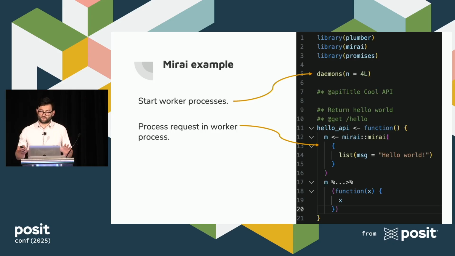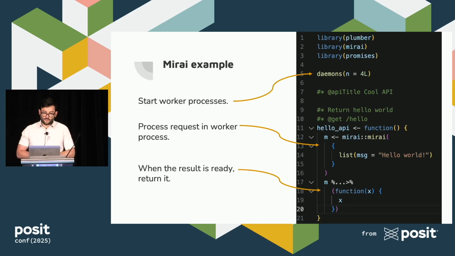The important thing is that after it runs, it's going to immediately return something called a promise. The way to think about a promise is that it is a placeholder for the eventual result of a computation. Now, I'll hand wave here, but the idea of a promise is what allows our API process to remain responsive to other incoming requests.